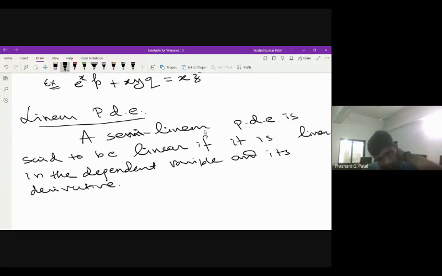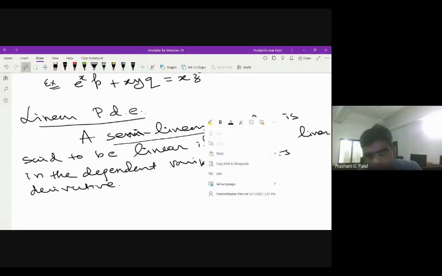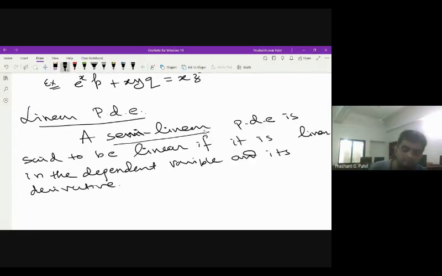So first of all, any linear equation first has to be a semi-linear. What does a semi-linear differential equation mean? The coefficients of the derivatives are independent of the dependent variable. So what is the form?